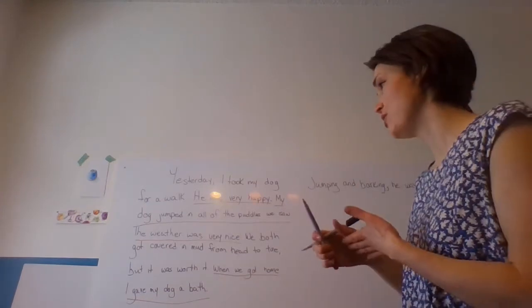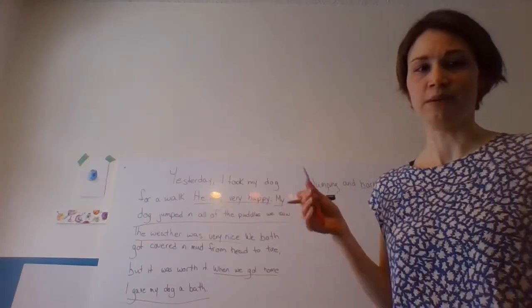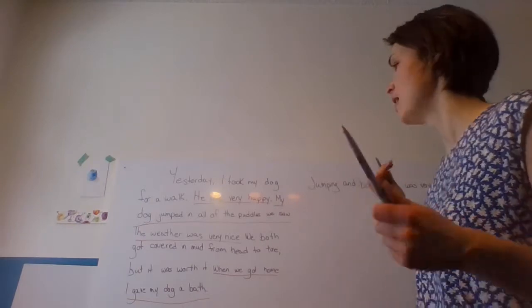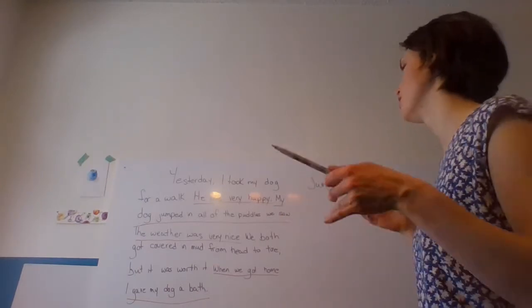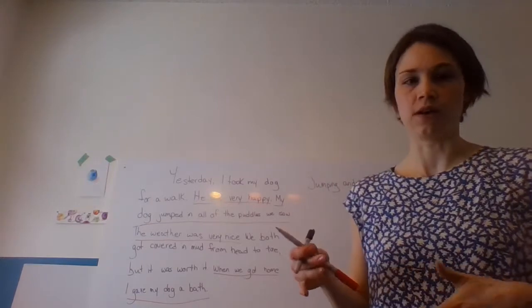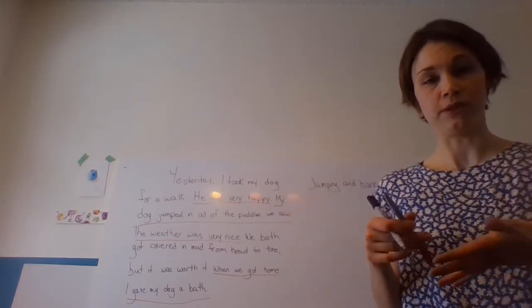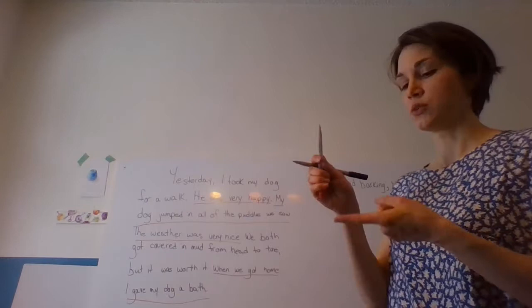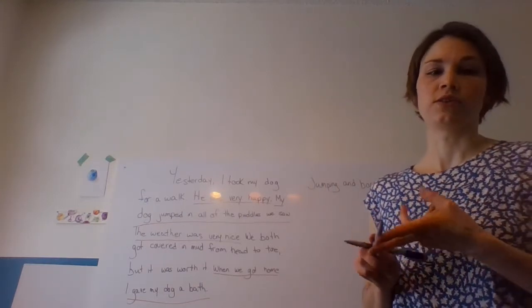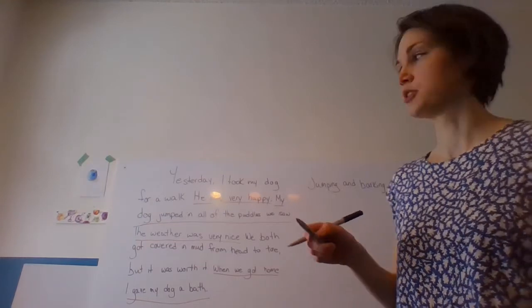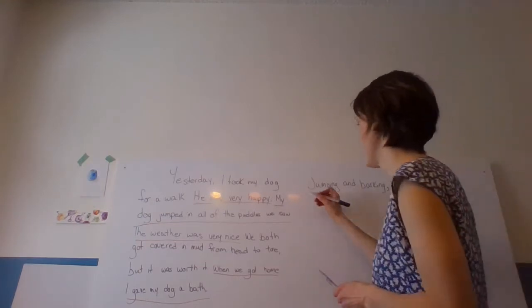I can do that with a noun in between two commas. For instance, my dog, a poodle, jumped in all of the puddles we saw. Or my dog, a puppy, jumped in all of the puddles we saw. The word poodle or puppy are nouns describing the noun before it, which is dog.